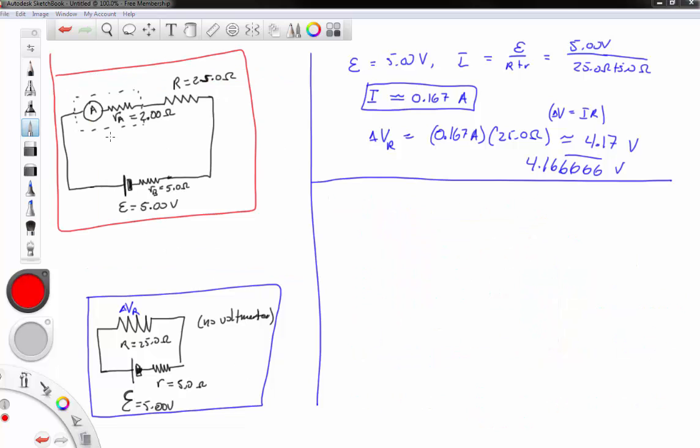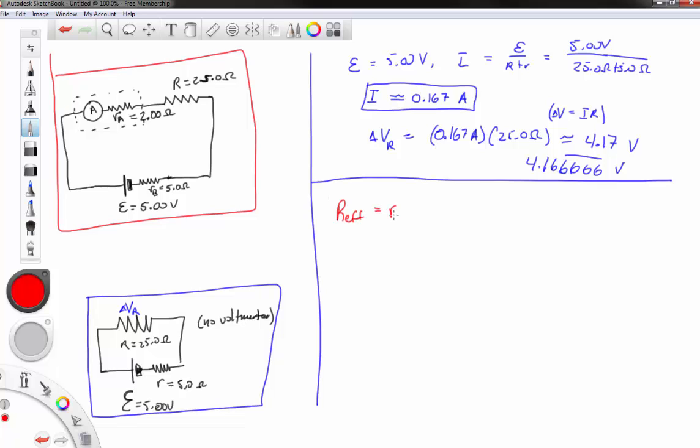Okay, what about when we place the ammeter in series with the resistance to measure a current through this resistor? Before, we placed the voltmeter in parallel with the resistor; now we're placing the ammeter in series. So what happens in this case? Well, happily it's a lot easier to figure out all the total resistances because there's nothing in parallel.